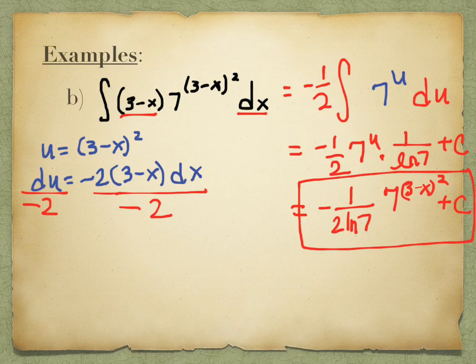There's one other thing that you might see happen if you're checking online or back in the book, which is that you might see this written as the negative 1 over the natural log of 49 times 7 to the (3 minus x) squared. Why?